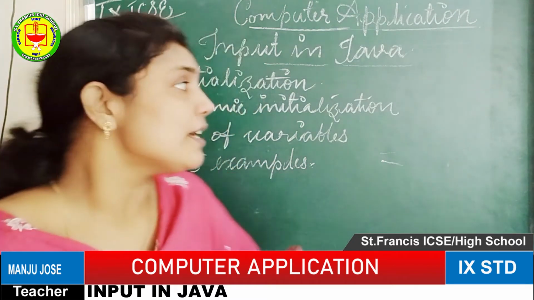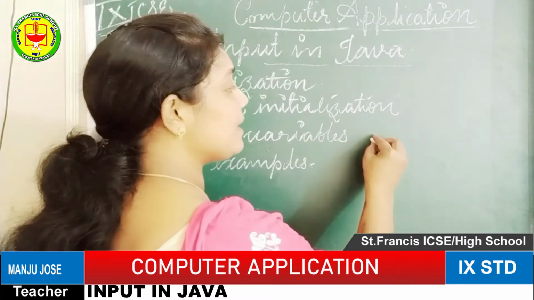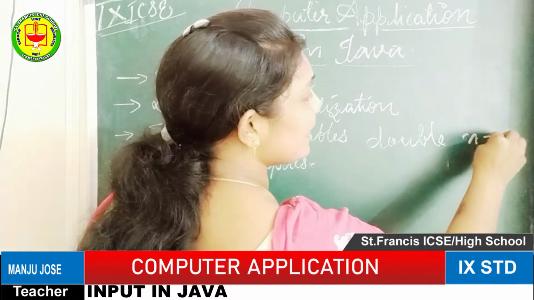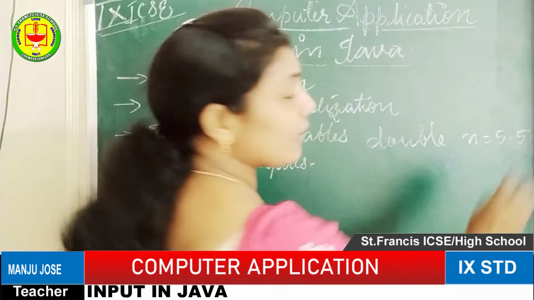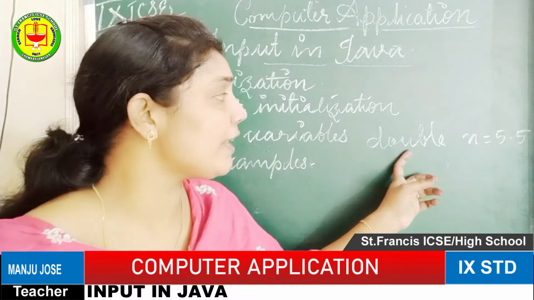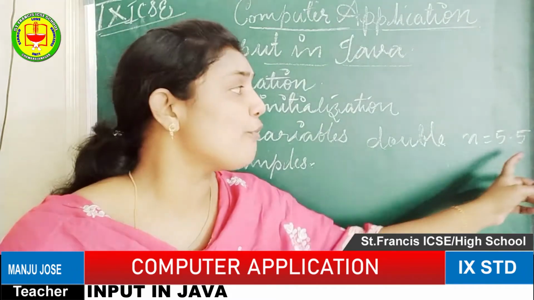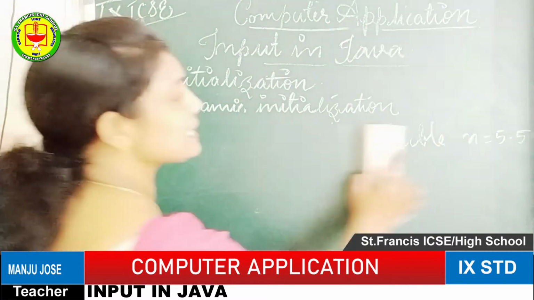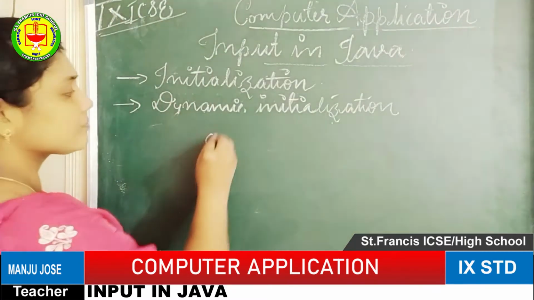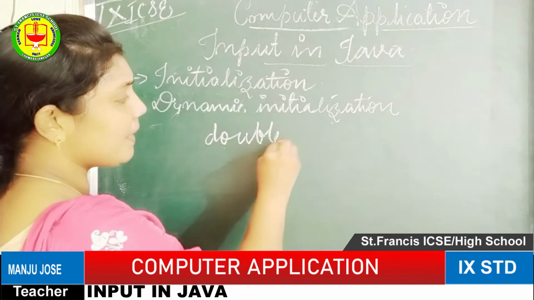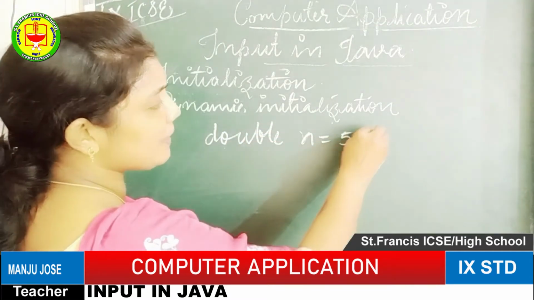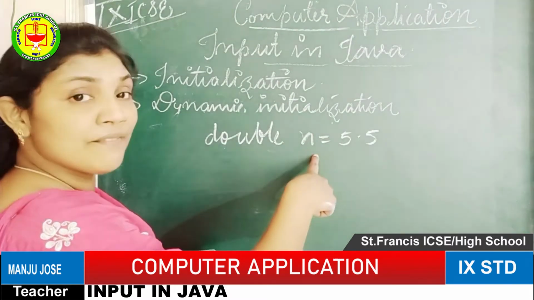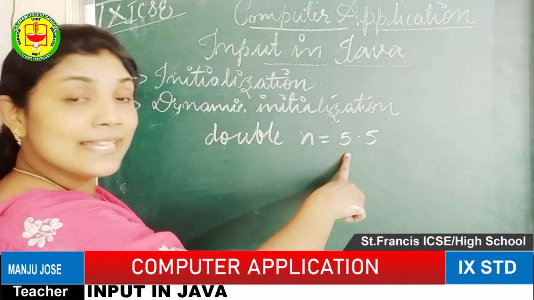For example, here I have declared one variable: double n equal to 5.5. Double is the data type, n is the variable, and the value we initialized is 5.5.